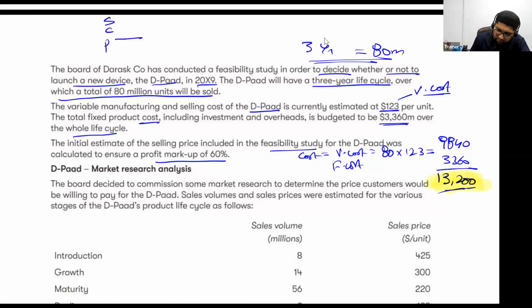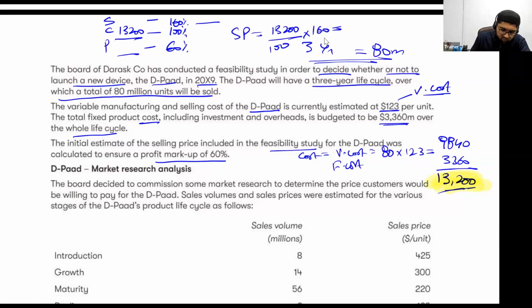Sales, cost, profit. So the selling price is going to be divided by units, so $264 is going to be the selling price.